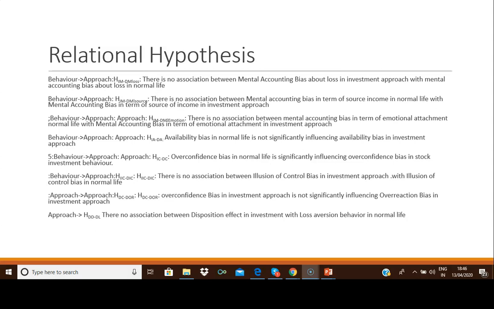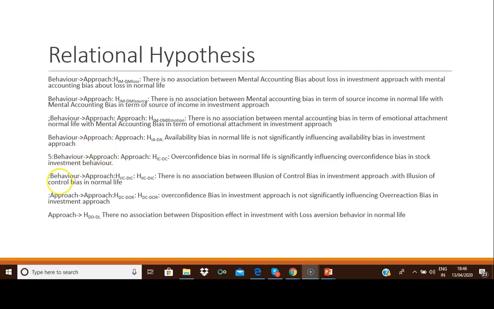So the way the investor is going for the investment on the basis of the mental accounting bias, and his personal life biases on the basis of mental accounting, whether there is any association or not has to be tested, and that is to be tested through the chi-square.